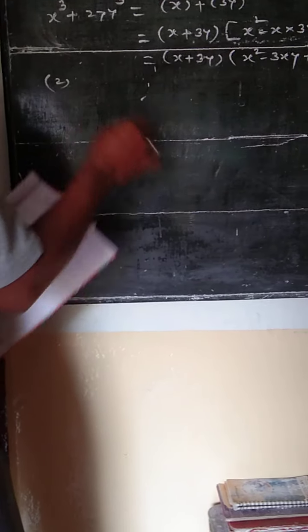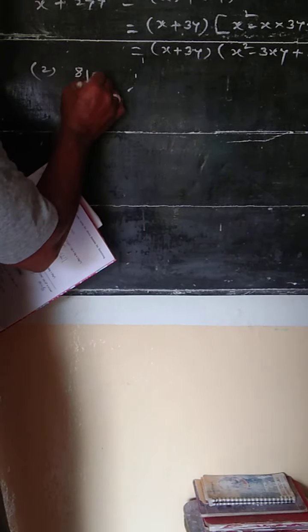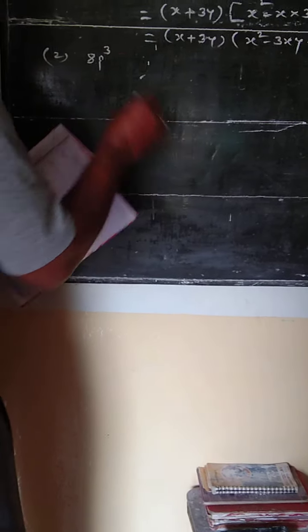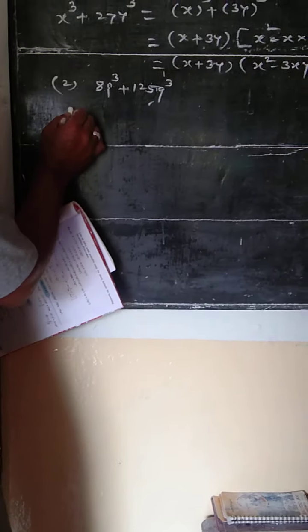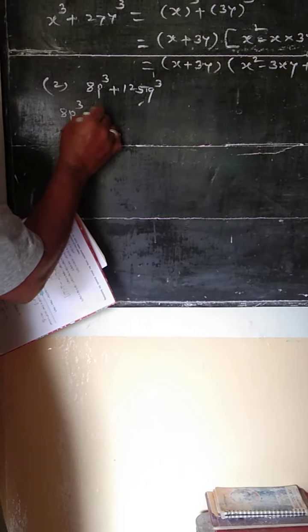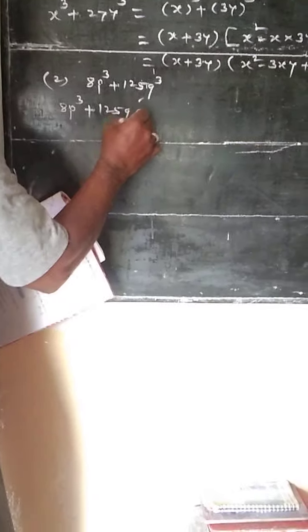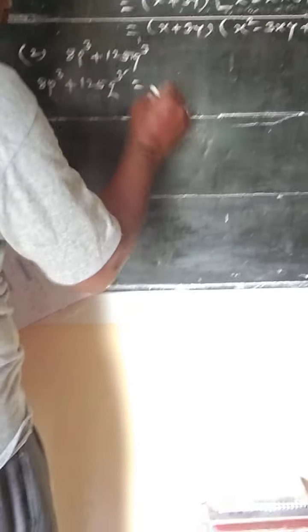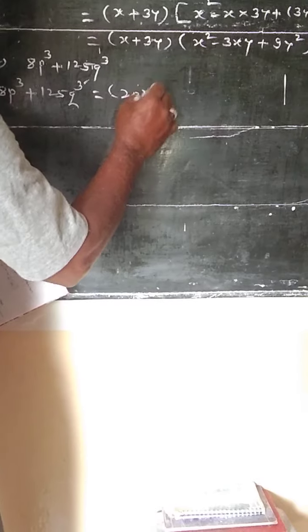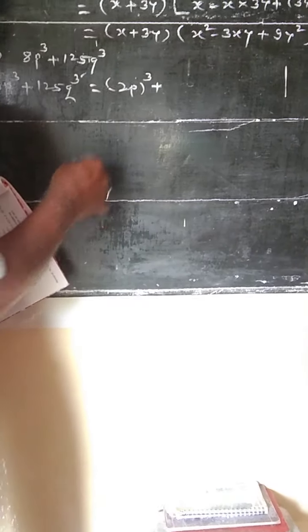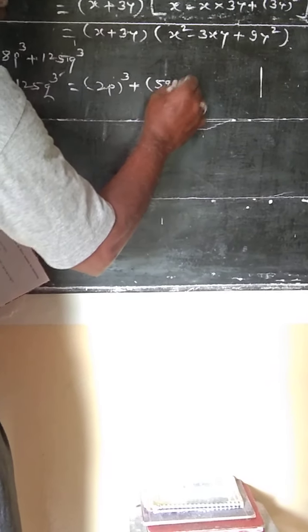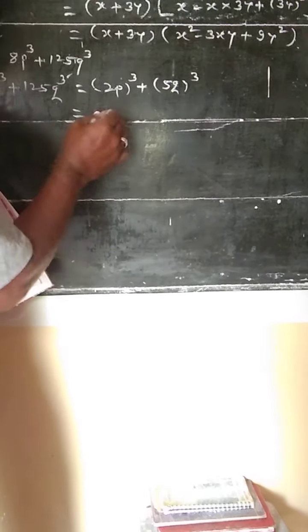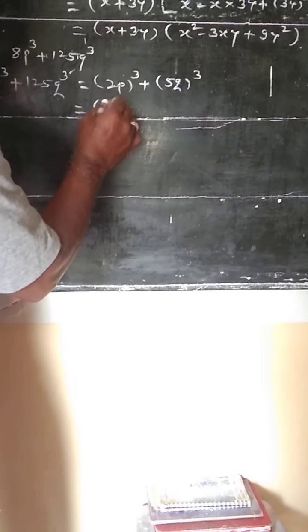Second example is 8p cube plus 125q cube. 8p cube is the cube of 2p, and 125q cube is the cube of 5q. So the first bracket is the sum of the cube roots, 2p plus 5q.